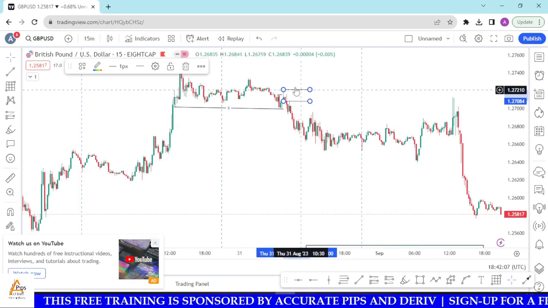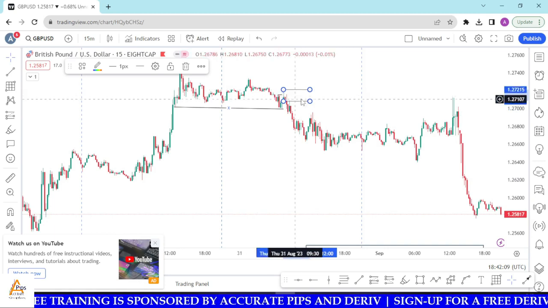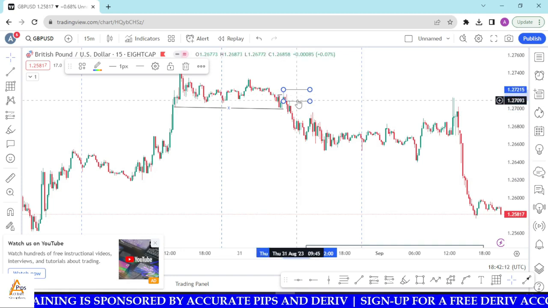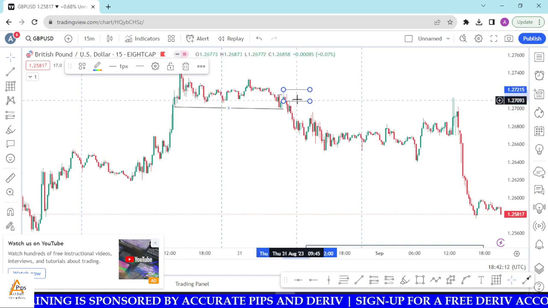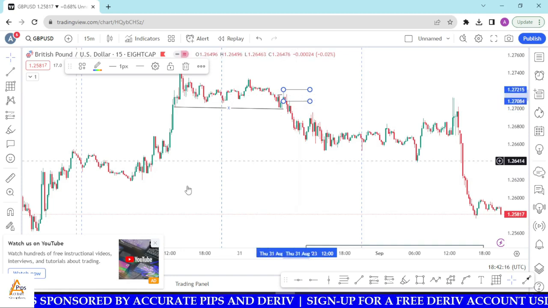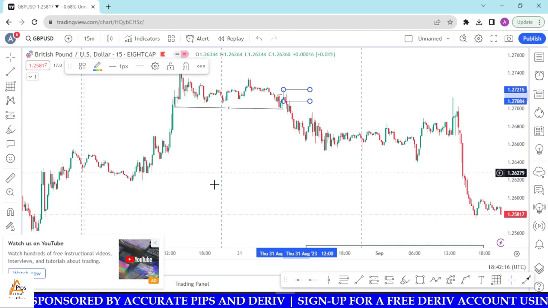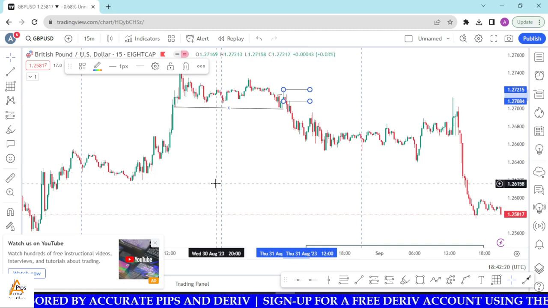So this is the kind of single candle order block I was telling you that you don't just trade them. It is after we change character structurally, then maybe you can be looking at that.